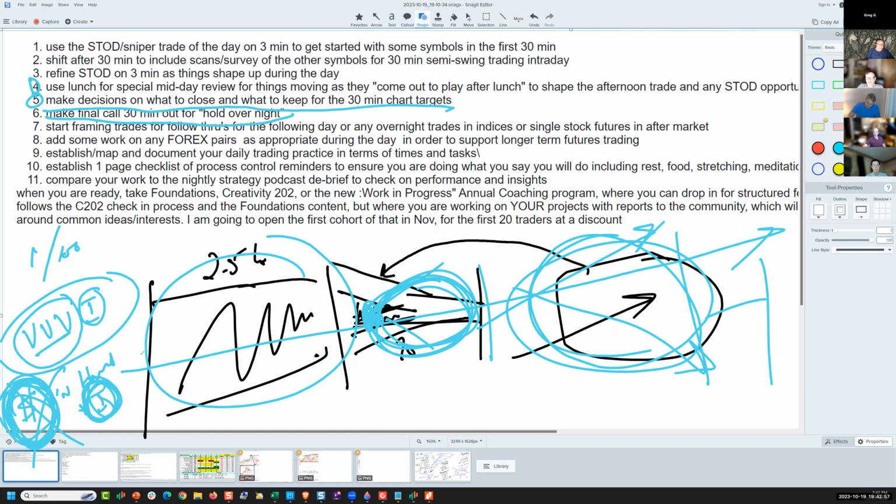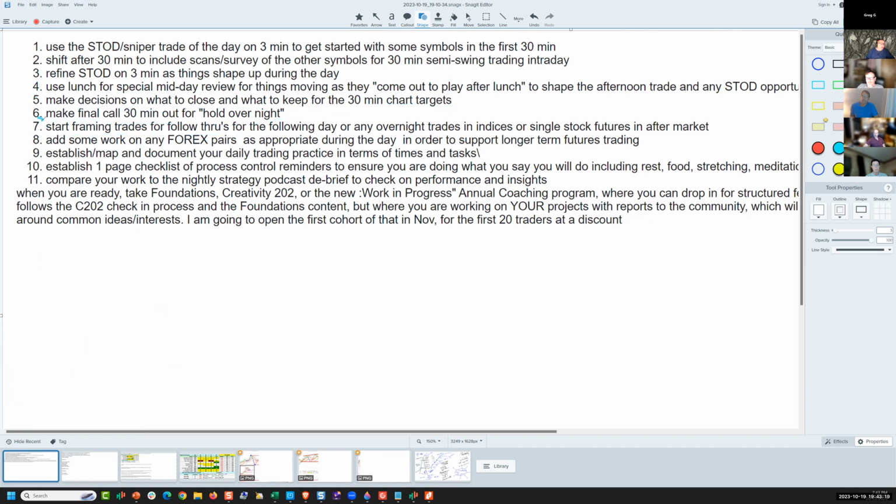As I'm doing that review, I'm also thinking about tomorrow's trade as if it was going to open in 5 minutes, and I'm going to start framing trades for tomorrow for follow-throughs on the basis of where today's high and low and support and resistance were. So I'm already, before this market even closes, as I'm getting into the last 90 minutes, studying this to decide what is interesting for follow-throughs for tomorrow.